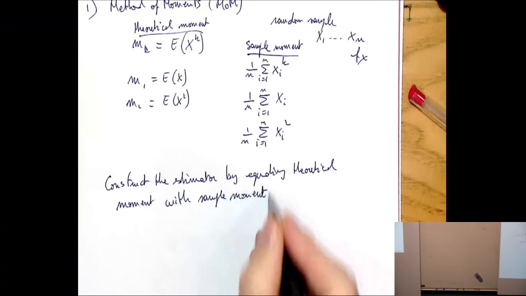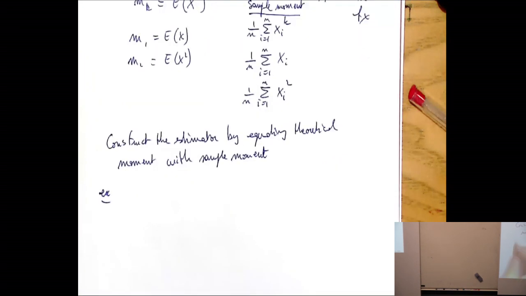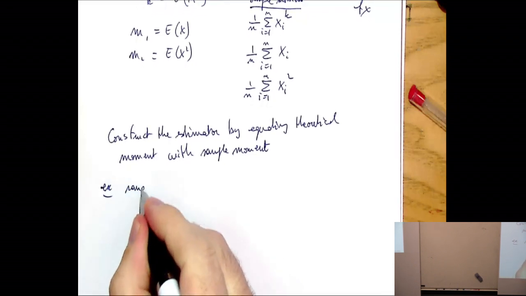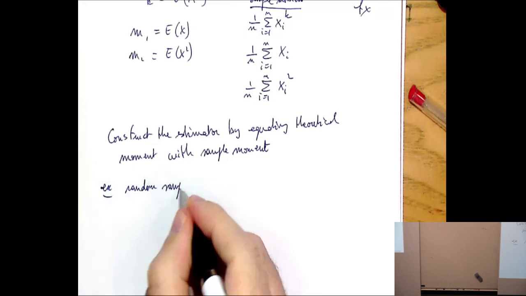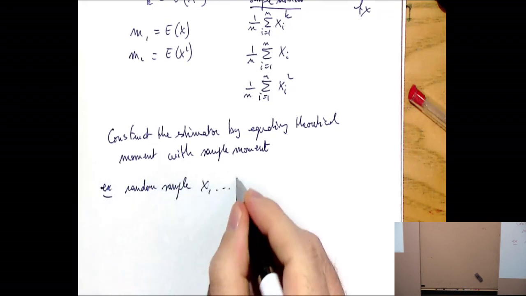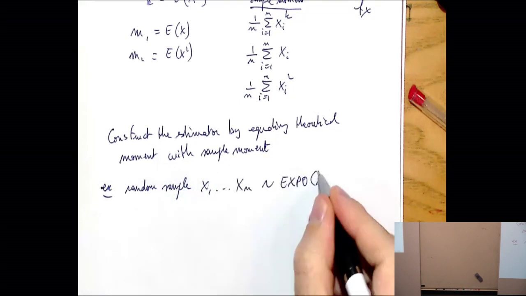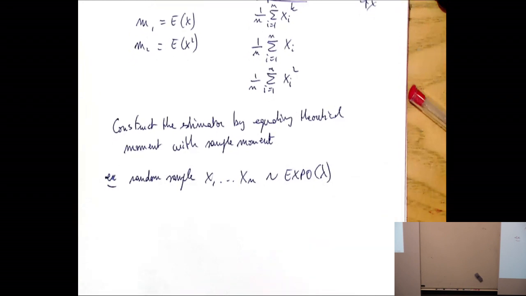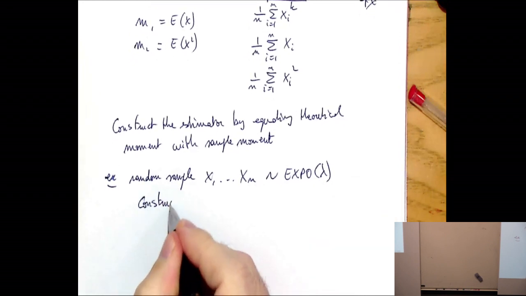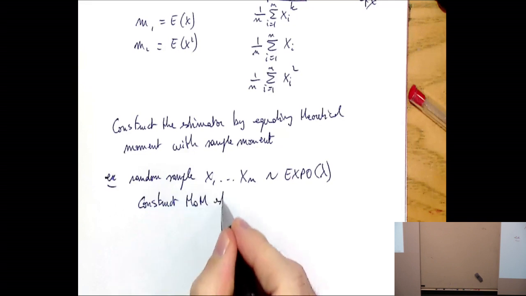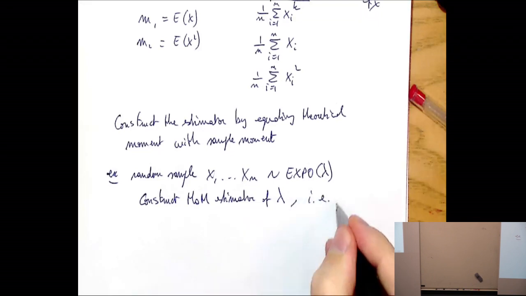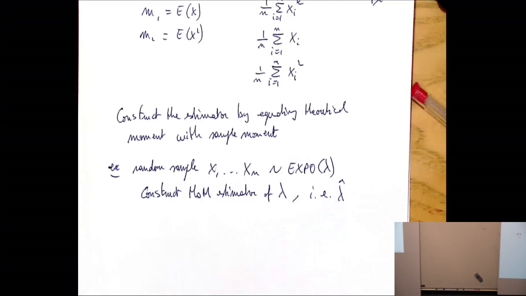What does that mean? Let me give you an example to show you how it works. Imagine I have a random sample x1 all the way to xn, and they're all exponentially distributed. What we want to do is construct the method of moments estimator of lambda, which we denote lambda hat.